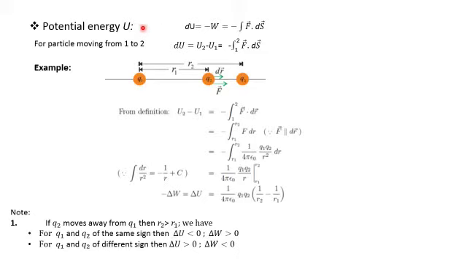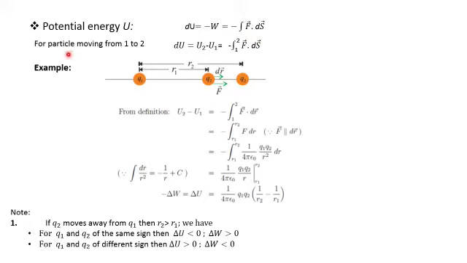We also know from the introductory course of mechanics that the potential energy change is equal to the negative of the work done. So using that concept, we can define potential energy: dU, the change in potential energy, is equal to minus W. W is the work done, that is integral F dot ds.